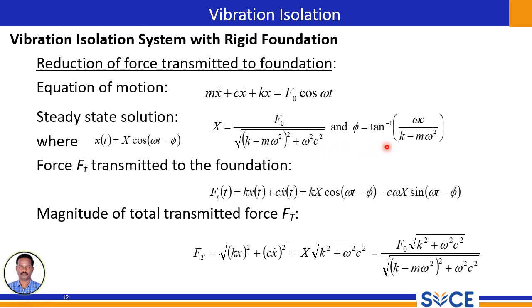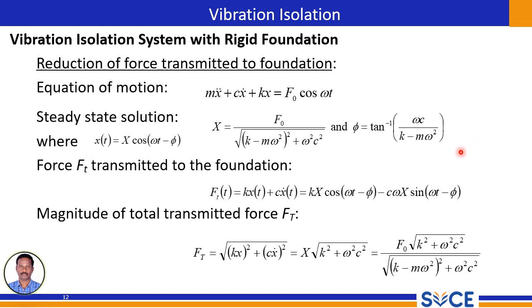Phi is equal to arctangent of omega c divided by k minus m omega squared. These expressions are derived from the equation of motion and are crucial for understanding the system's response.